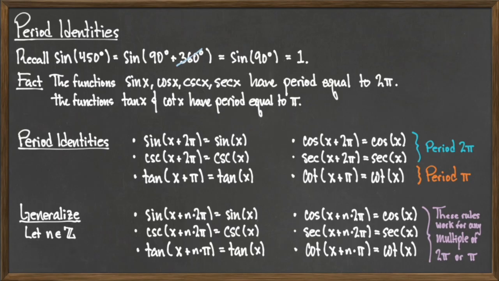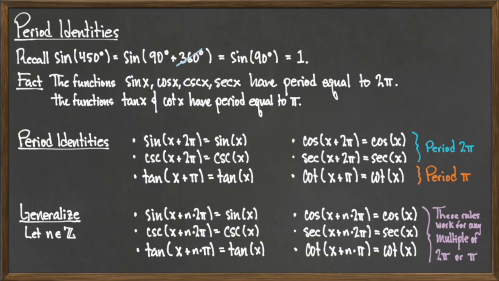This is basically saying that these rules generalize for an arbitrary scalar multiple of either 2 pi in the first 4 trig functions, or just pi itself in the last 2. So if I'm looking at the sine, cosine, cosecant, or secant function, any even multiple of pi will vanish. But if I'm looking at the tangent or cotangent functions, then any integer multiple of pi will vanish.